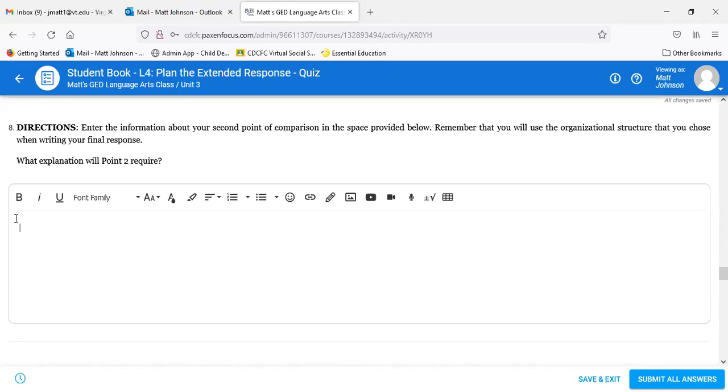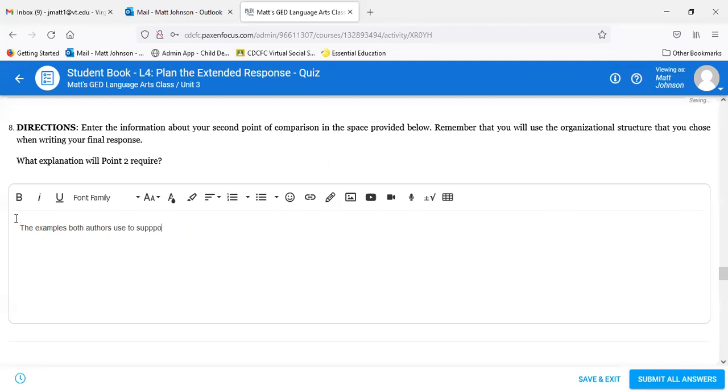So you could put something like the examples both authors use to support their claims.